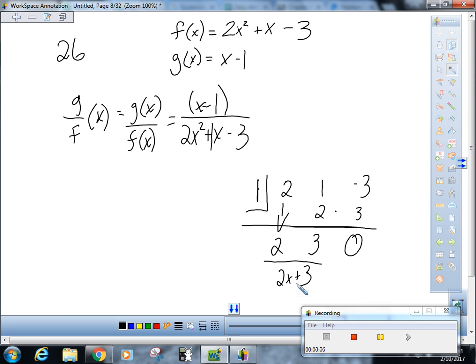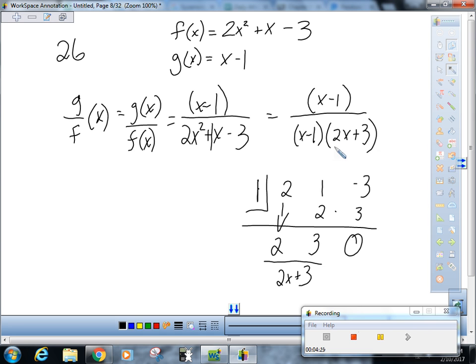All right, so we found 2x plus 3. Here's what I think. We can write this as x minus 1 on the top, and on the bottom, x minus 1 times 2x plus 3. I'm a little worried I did that right, so I'm going to FOIL to check real quick.